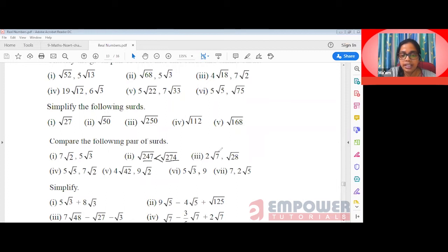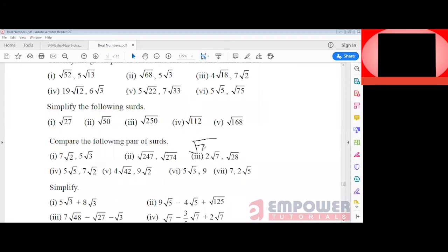Now tell me the next one. What about the next one? Which one is greater? 2 root 7 is greater or root 28 is greater? Yes, ma'am, both are equal, because if we take 2's square, it is 2 raised to 2 root 7. So this will be 7 into 4. So this will be root 28.